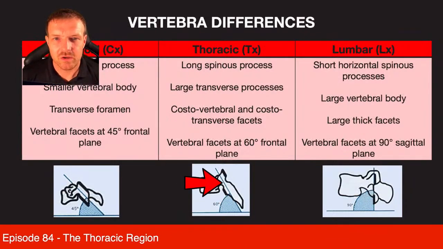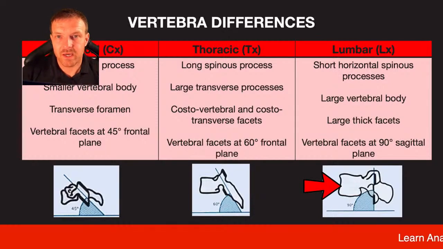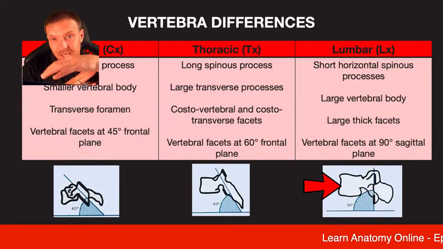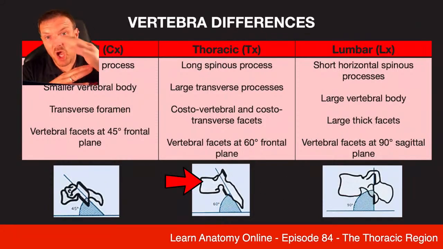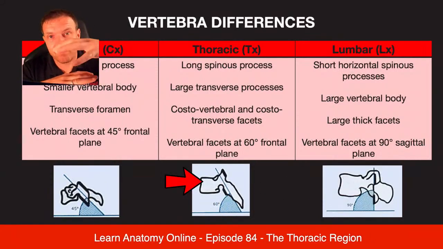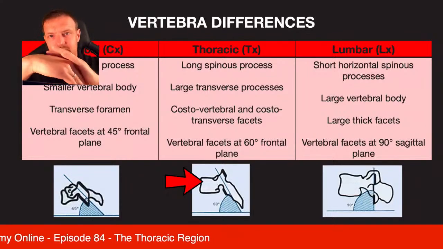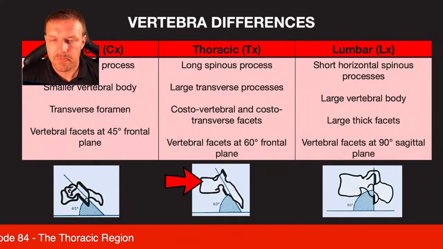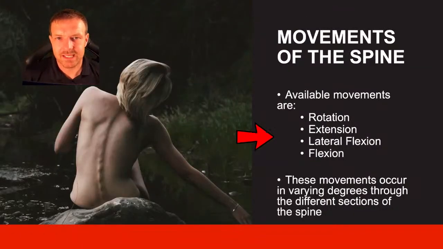And look at the angle of the joints. Okay, so the angle is very different here compared to here. So lumbar spine, great at bending forward and back, not so good at rotation. The thoracics, okay at bending forward and back, but limited by the ribs, but good at rotation because of the orientation of those joints. Okay, so hopefully that will help to make things make sense.